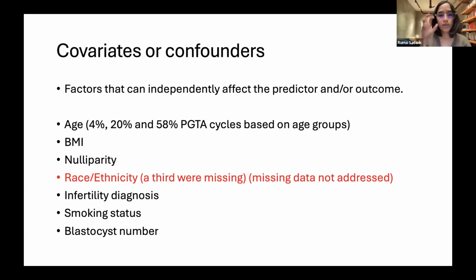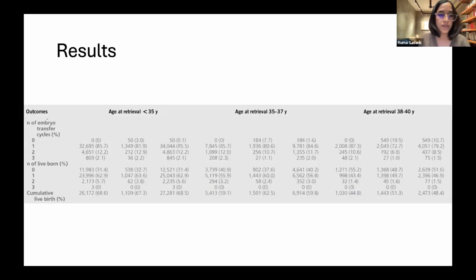What does this mean for the regression analysis? That should have been told, but in the absence, I as a reader would want to know, because what regression will do is, even if one of the entries of the covariates is missing, it will eliminate that from the analysis. Did they address this in any way? And a third is a huge number. Or did they impute this at all or just remove this entirely, although they mentioned that they have done this? So that is something which is leaving a bit of a gap in understanding their results.